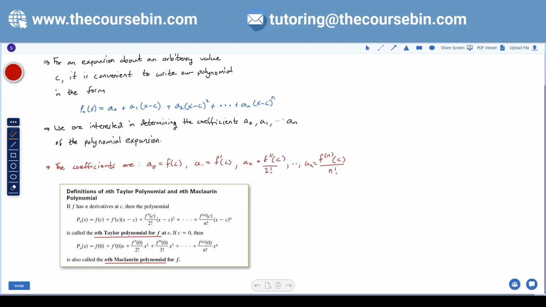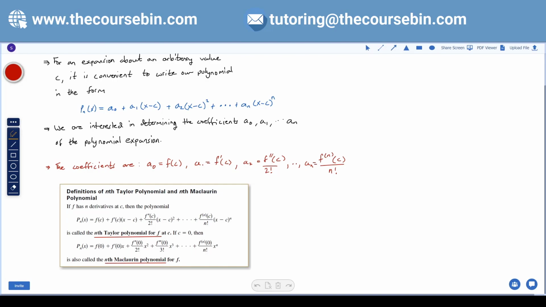Okay. So there's Taylor polynomials and Maclaurin polynomials. And the difference between them, at least with the Taylor polynomial, what I've gotten is that, in order to get, I think it was the first, what was it called? Let me find it.